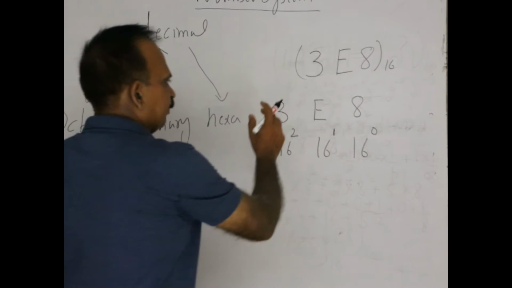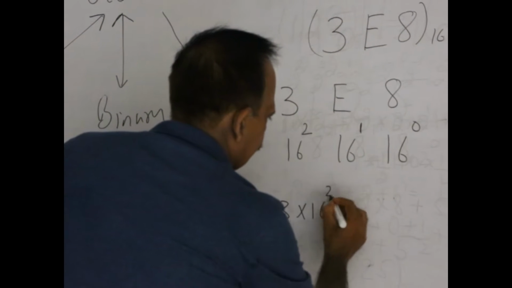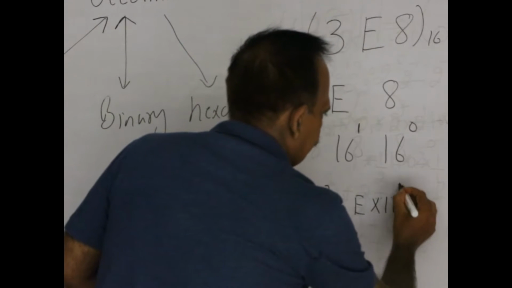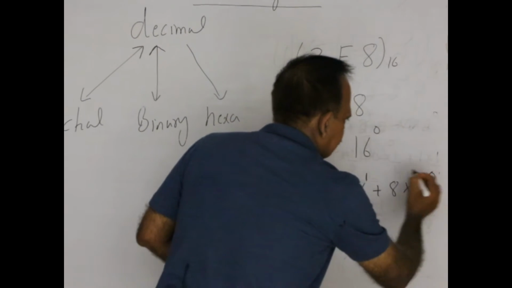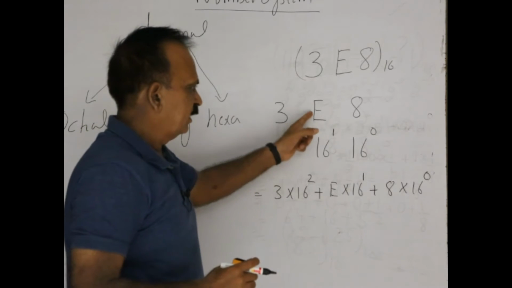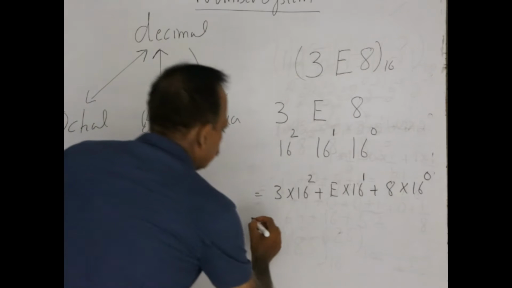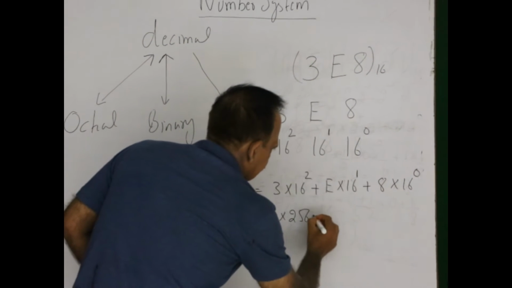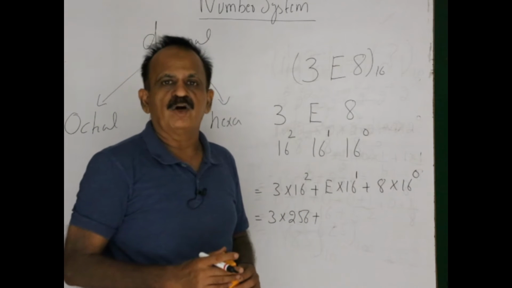Then multiplying and adding: 3 into 16 raised to the power 2, E into 16 raised to the power 1, plus 8 into 16 raised to the power 0. Multiplying these and then finding the sum. This is 3 into, now 16 into 16 is 256, plus, now this E will be equivalent to 14.